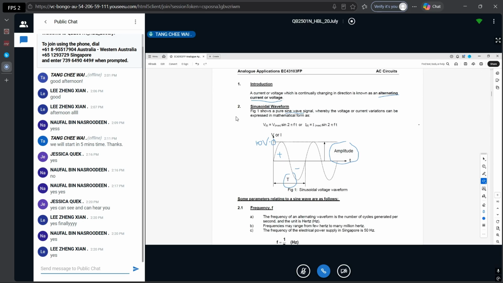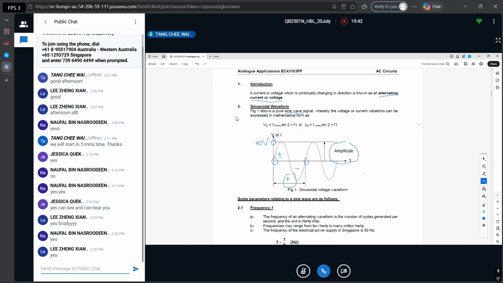So again, capital T stands for period. It's the time taken for a cycle to start and end. So it's one complete cycle, one positive half and then one negative half. This time taken to complete that is called the period and denoted by capital T.